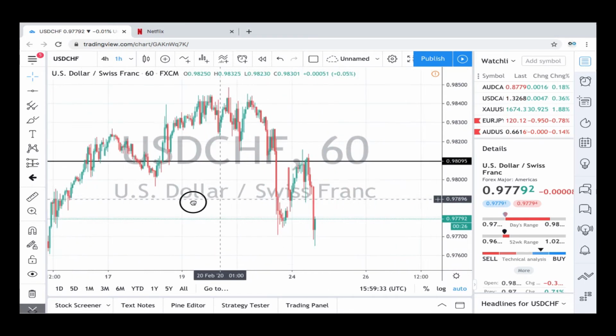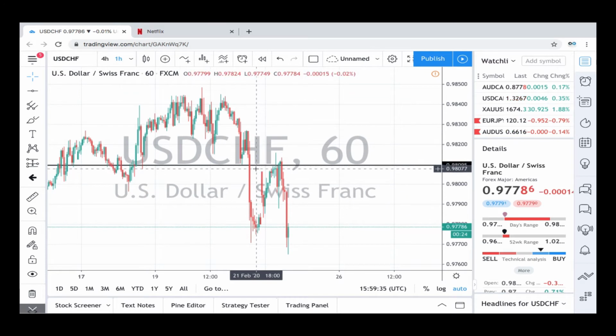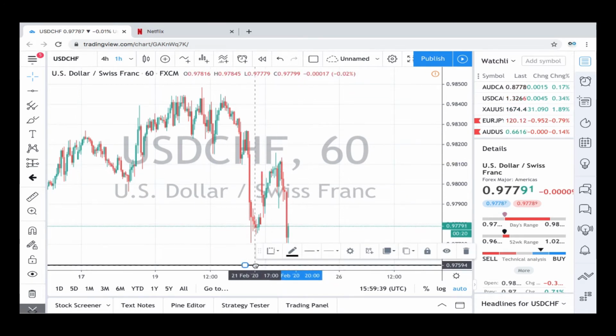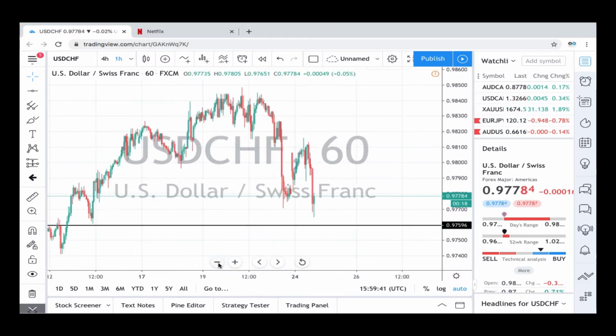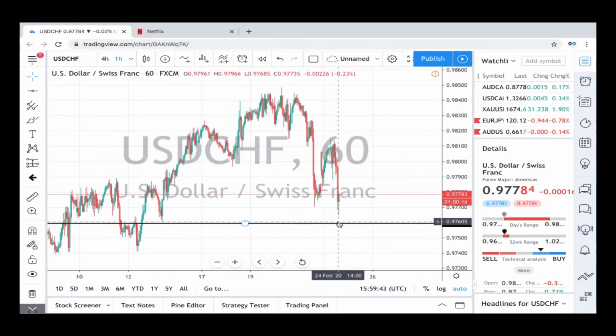Same thing with the buy limit order. It's the exact thing but opposite. So let's drag this line a bit below. Let's say we're anticipating that price will hit this level here, because right now current price is here. Let's say we anticipate that price will hit this level and then reverse to the upside.